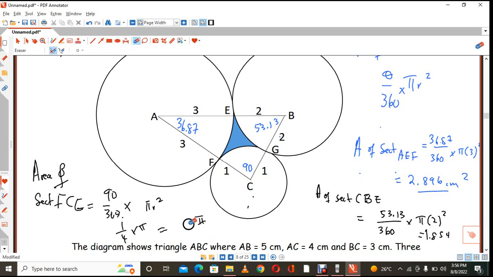So let's clean this up. 1/4 pi, this is multiplied by pi r squared, which is nothing else but pi. We are looking for FCG, so that's 90 degrees.